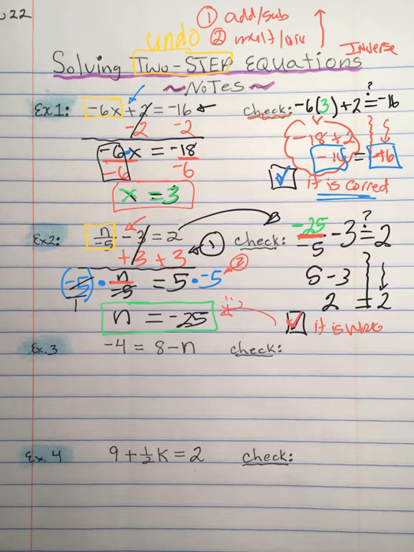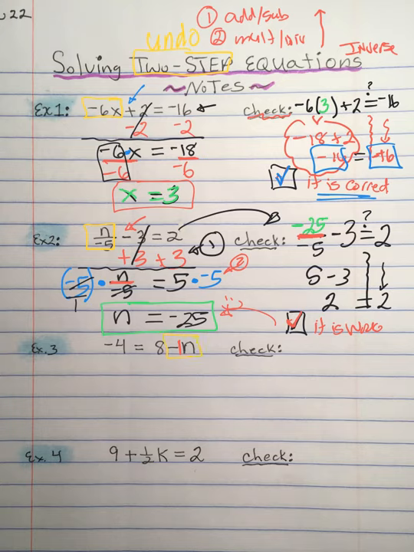Right? Two-step equations. You have 2 mathematical steps to undo. When you're undoing, you always undo the adding and subtracting component first. So notice in example number 3, there's like an imaginary -1 right there, right? That's called the coefficient. So we want to get the variable to be isolated.